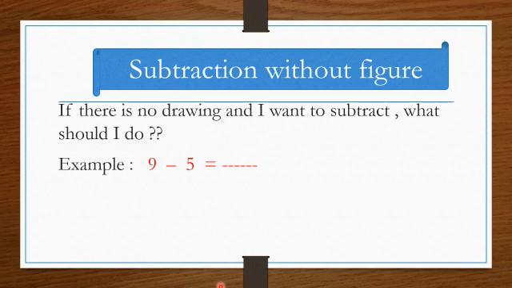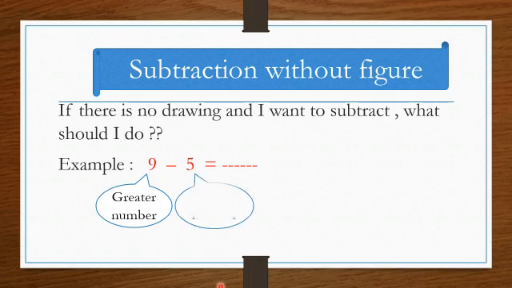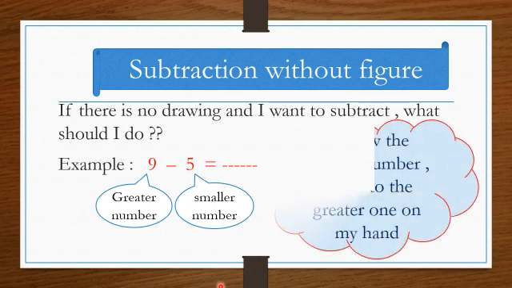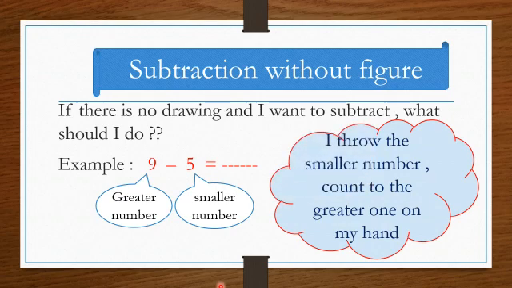But first, we have to keep in mind that in a subtraction sentence, we always start with the greater number, which is 9. Then we write the smaller number, which is 5. Now we can calculate the answer by throwing the smaller number, then count to the greater one on my hand.